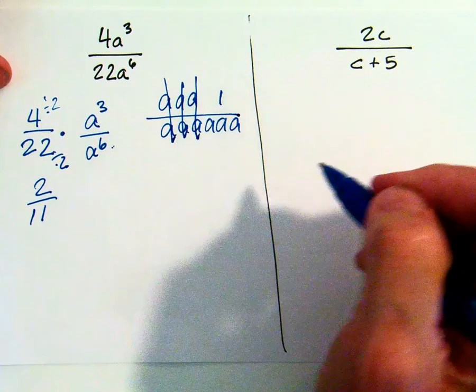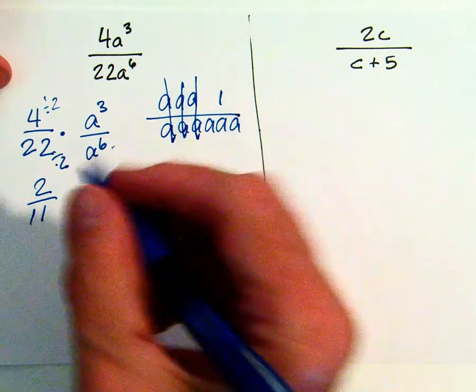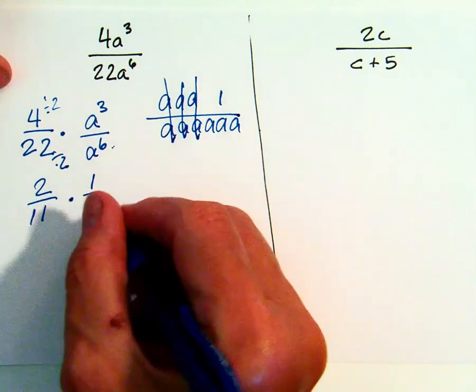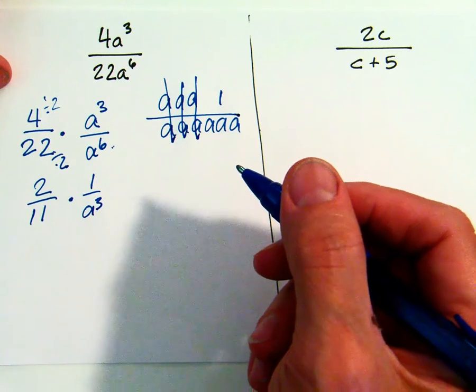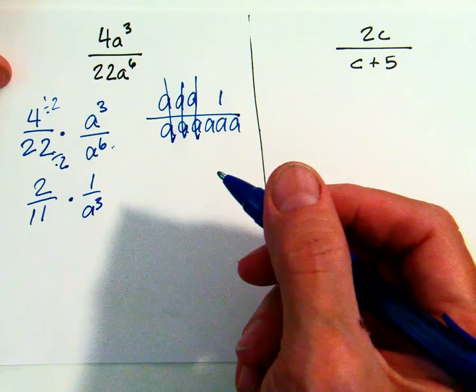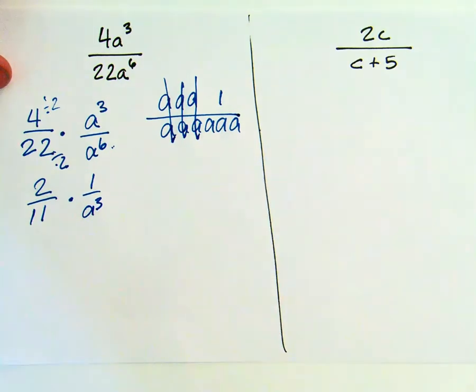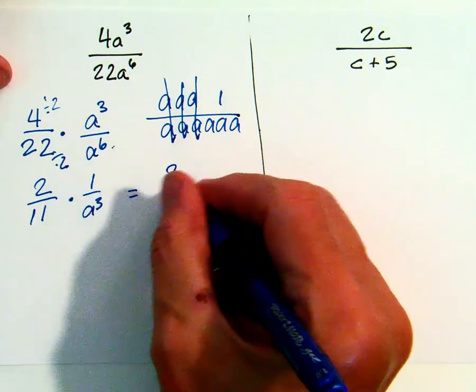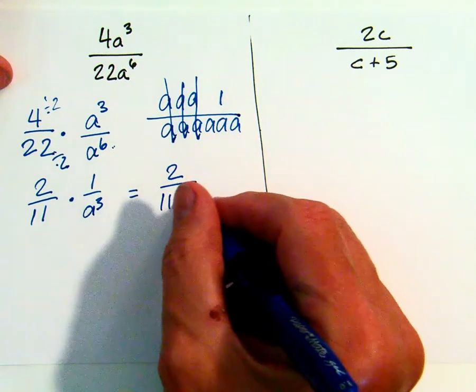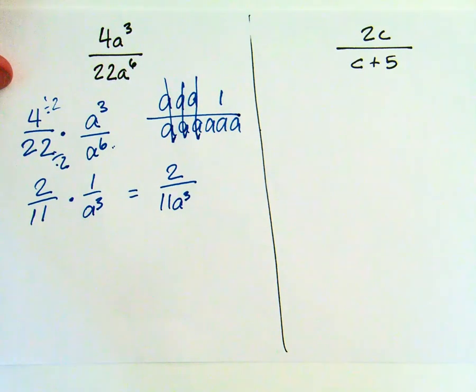What's left? 1 over a cubed. Whenever you have a brain freeze and you can't remember the shortcut, don't just sit there. Work it out, write it the long way, because all it is is a shortcut.